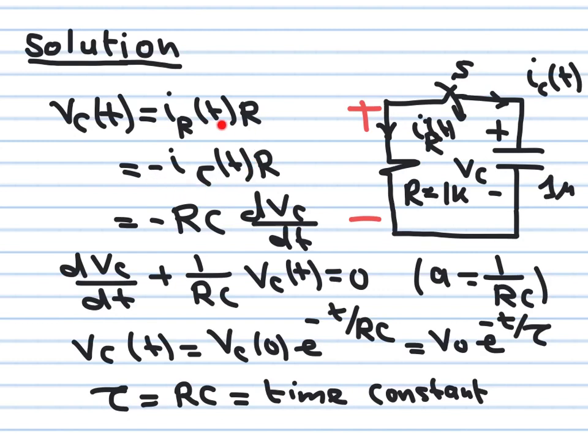And also now we're going to replace the capacitor current by C dVC by dt. So now what we wrote, this is the equation we're looking for, that VC is equal to minus RC dVC by dt. Let's move this one to the other side and let's divide both sides by RC. We obtain this expression. This looks pretty much like the template we have.